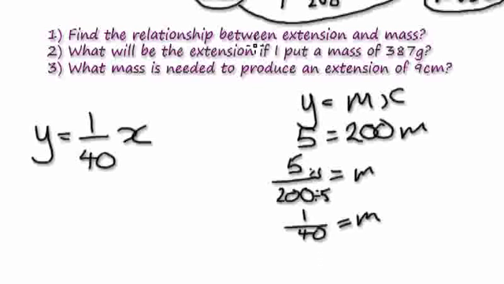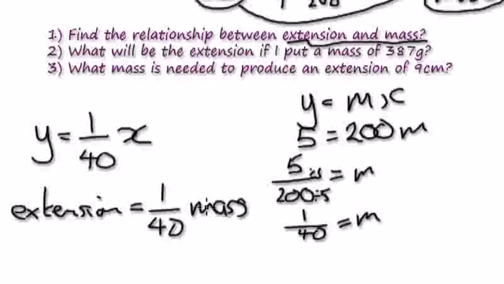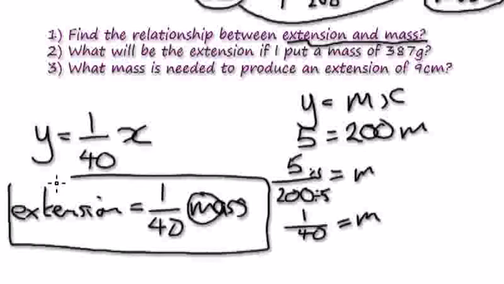So, find the relationship between extension and mass. You could say extension equals 1 over 40 times the mass. Let's call it mass, because if we were just to call it m, it might conflict with the m of the gradient. So this here will be your relationship. Question 2: what will be the extension if I put a mass of this much on?